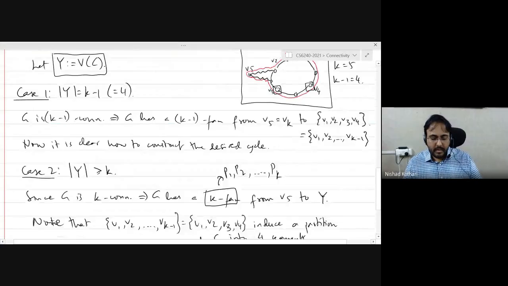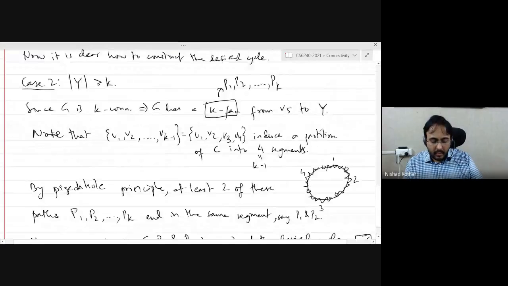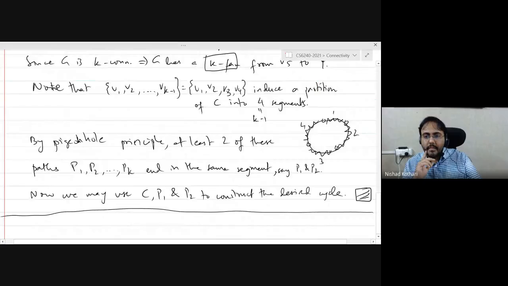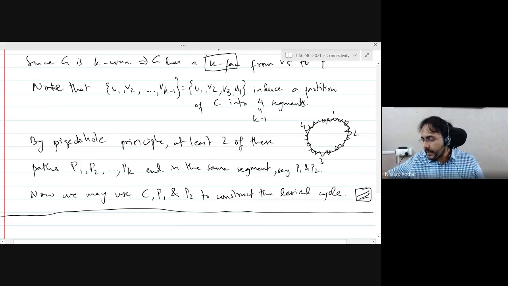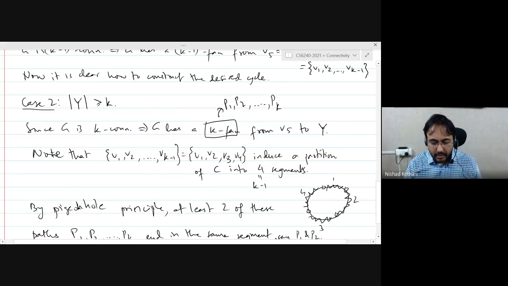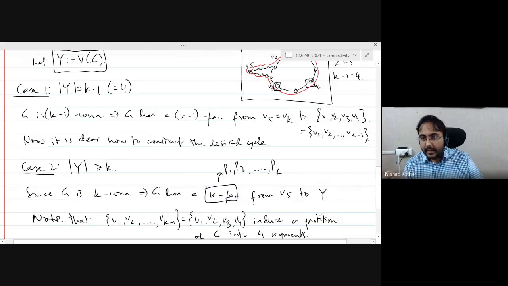Okay? So is it clear what happened in this case? Okay, good. So in both cases, we are able to construct a cycle containing the last vertex, right? And so we are done. We have a cycle containing all of the k vertices.